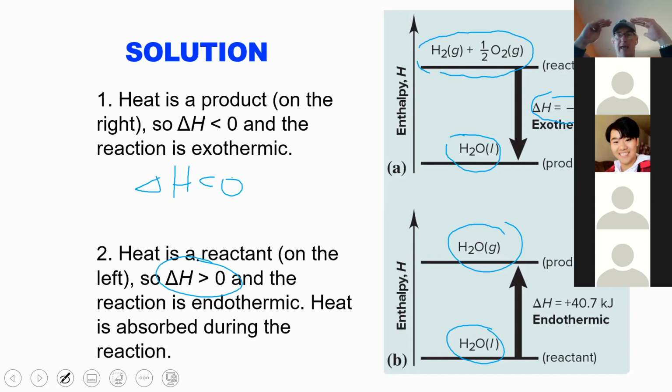Things tend to go from a high energy to a lower energy, more stable state. And generally that energy is released as heat or work. And so delta H is usually less than 0, but not always, because sometimes we have to add heat to get a reaction to go.